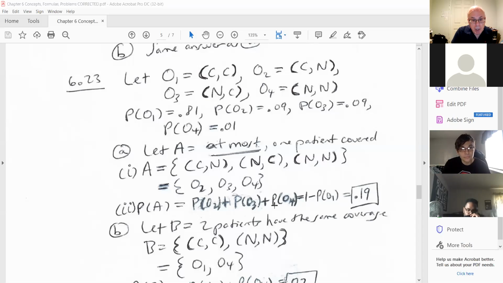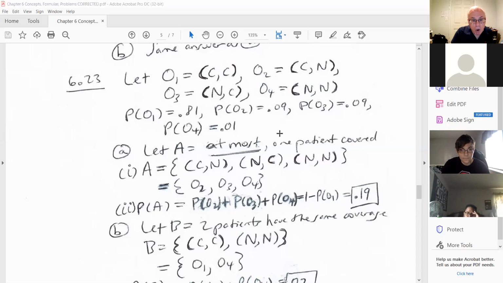B says 2 patients have the same coverage. What are those two possibilities? Well, I should have corrected how I described that. Same coverage category means they're either both covered or both not covered. The book explained it better than I did.